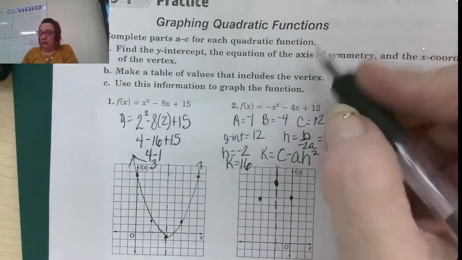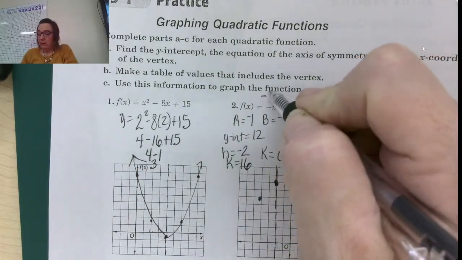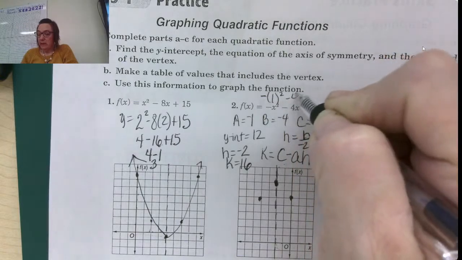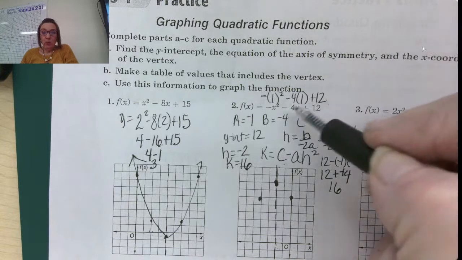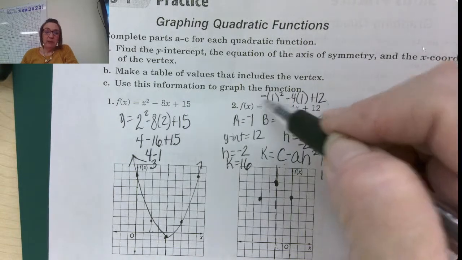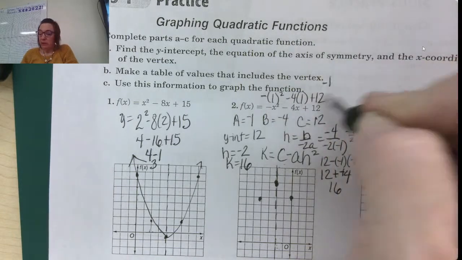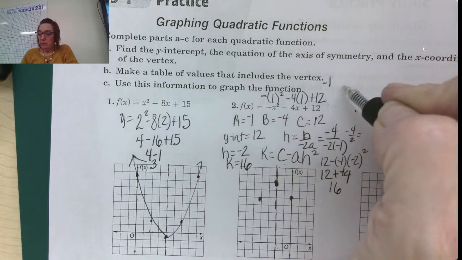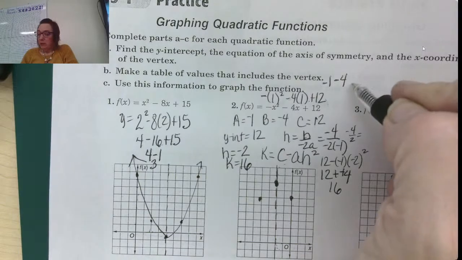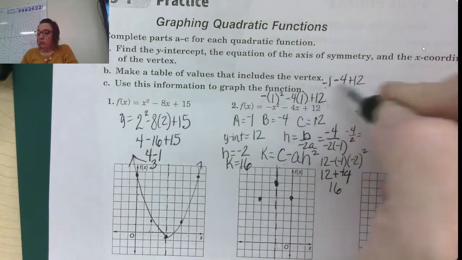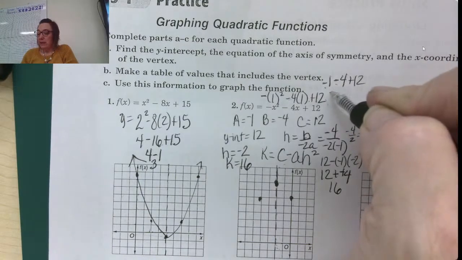Yep, so we plug it in here to our original equation. So negative 1 squared minus 4 times 1 plus 12. So 1 squared is going to be 1, but then that makes it a negative. So negative 1. Negative 4 times 1 is going to be negative 4, right? Plus 12. That's going to be negative 1, and negative 4 is negative 5.